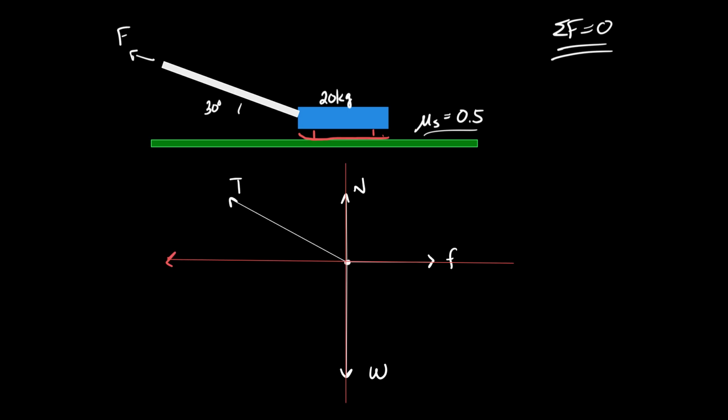I'm going to make this the positive x direction and this the positive y direction. I am going to have to take my tension and break it up into components, right? Because that's the one that's off axis. So I'll have tension cosine 30 and tension sine 30.